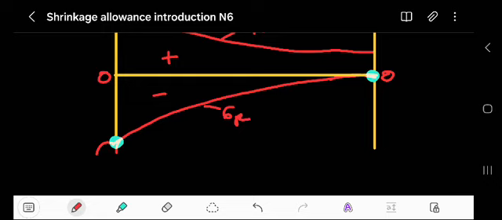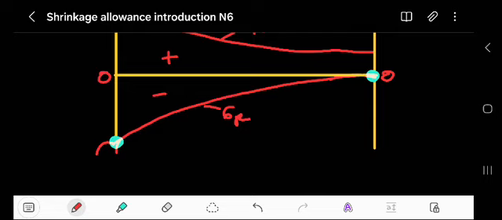You can say it's radial, P, Y, or X, or you can write R for radial. It's up to you, either way.